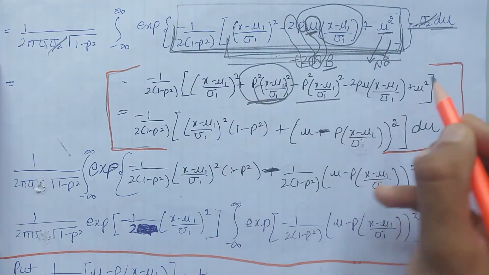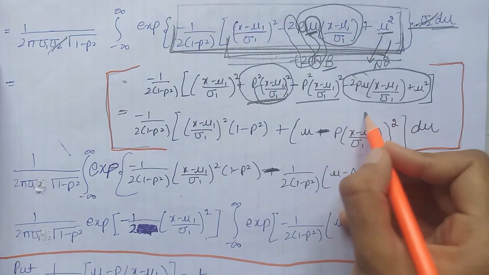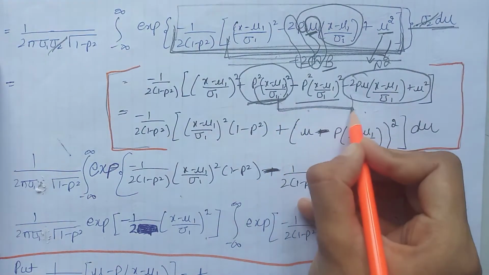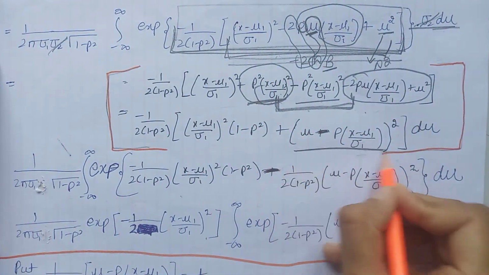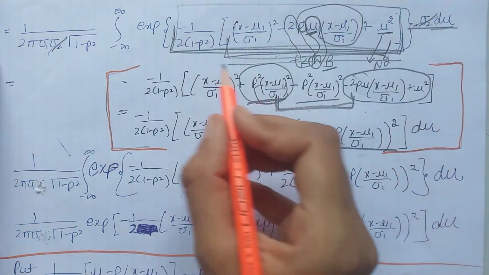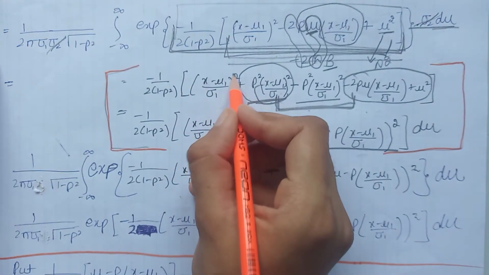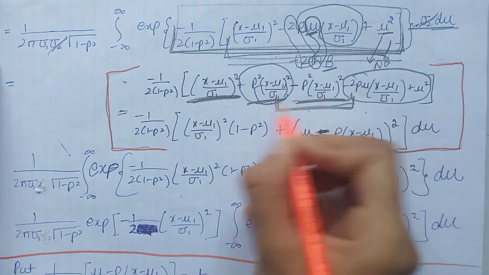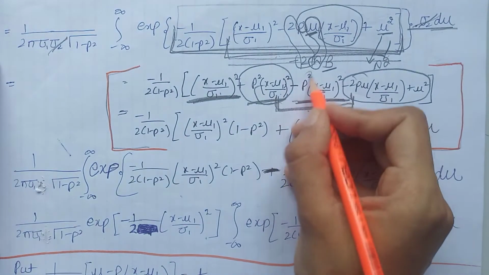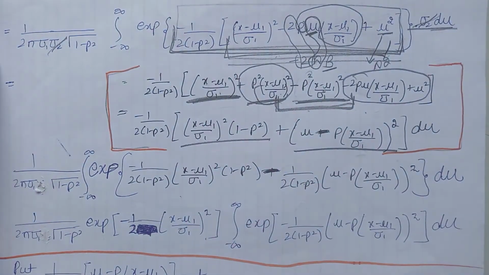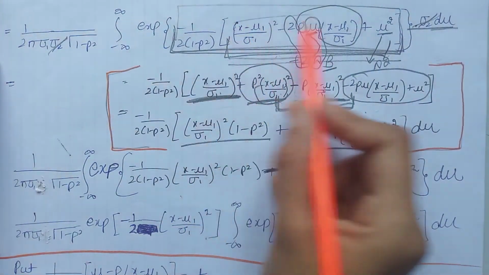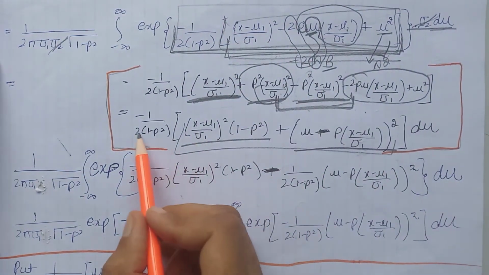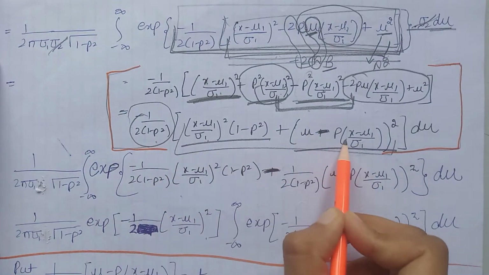Now, this term plus these two terms, by using the formula of (a minus b) square, is equal to this term. And now we can take common (x minus mu 1 divided by sigma 1) square from these two terms. So inside the bracket we just have to write 1 minus rho square. Now we will substitute this whole term in place of this term, and we can multiply this term inside these two terms.